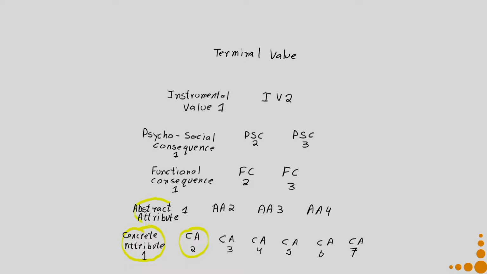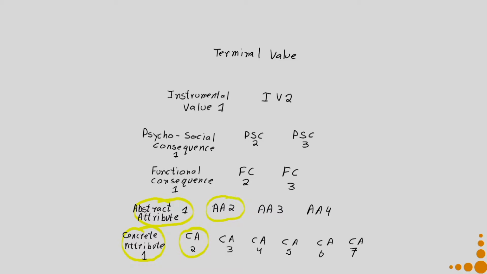Then comes my abstract attribute. When I say a reliable product, reliability is an abstract concept. You can get reliability by having certain concrete attributes. For example, because it's a context where there is water all the time, if you use stainless steel fasteners, they will not get rusted.